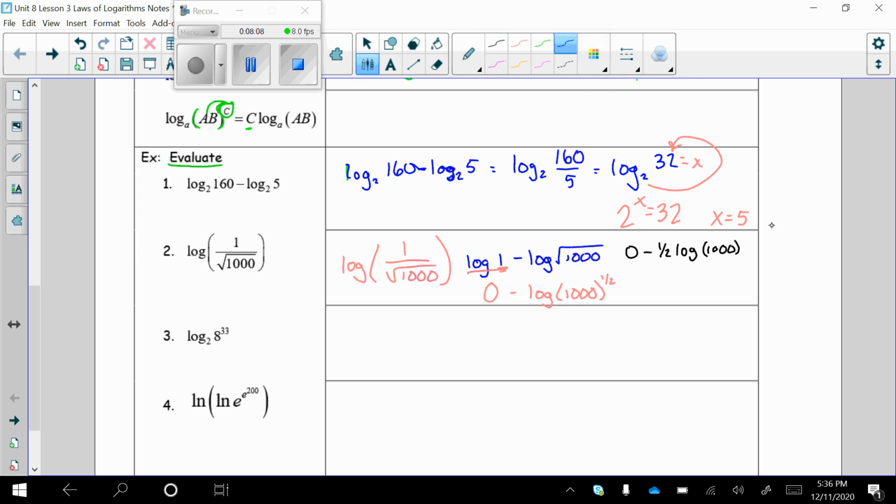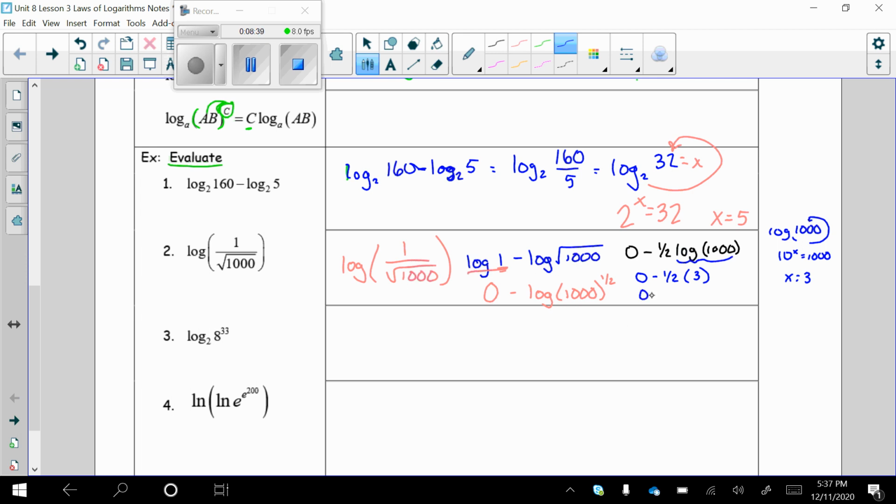Remember, and I'm just going to do this out to the side, the log of 1,000 is the same as saying 10 to what power equals 1,000. And so x equals 3, that means this is 0 minus 1/2 times 3.